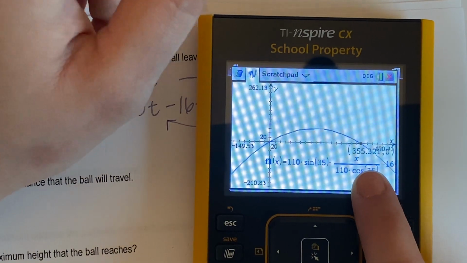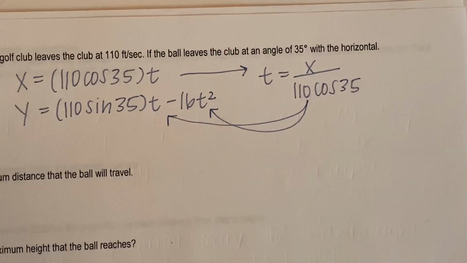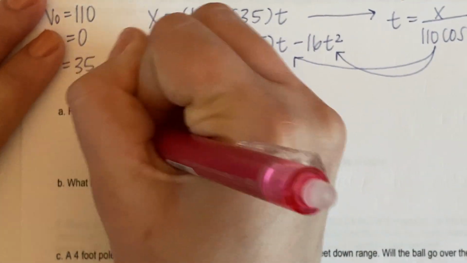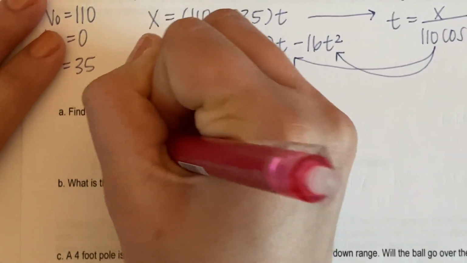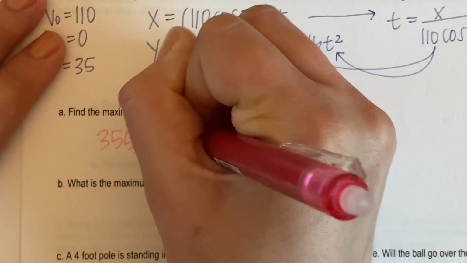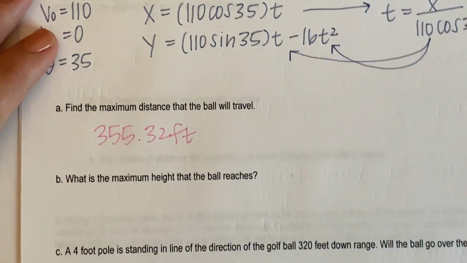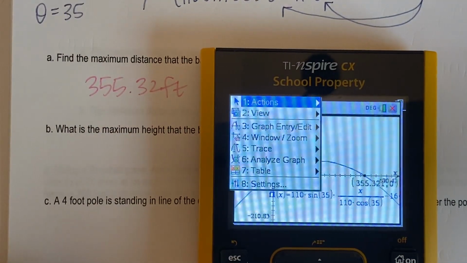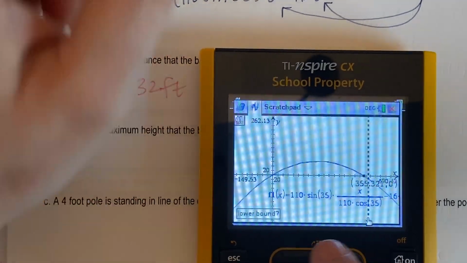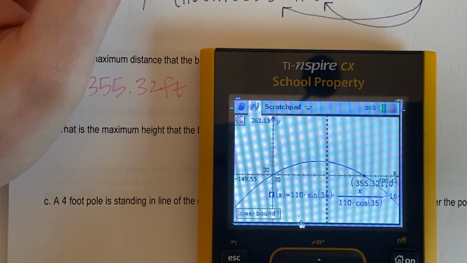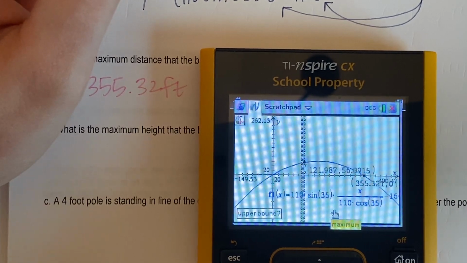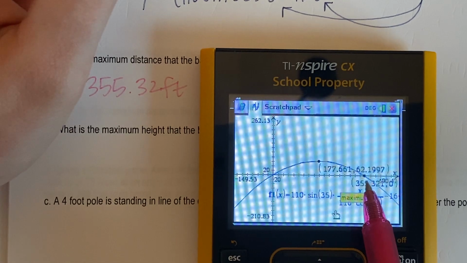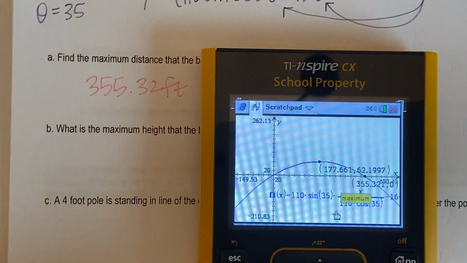So that's the 355.32, and we're measuring in feet. Okay, the maximum height. So we'll analyze our graph again for maximum. Remember, height is the y value. So 62 point, we'll just say 2.